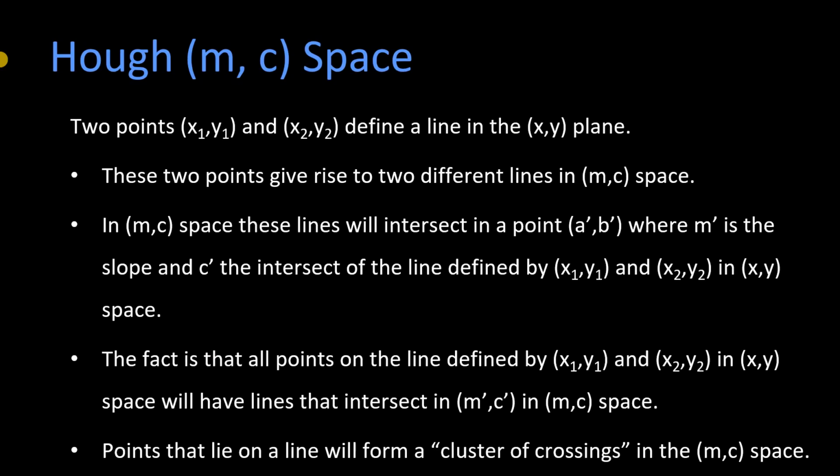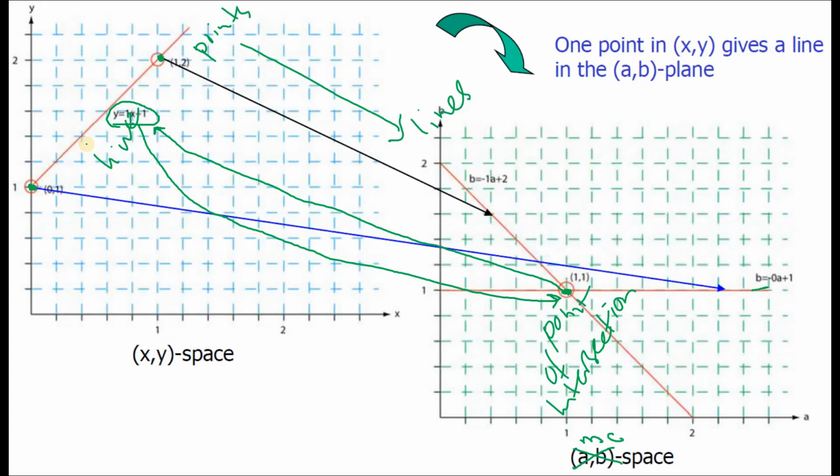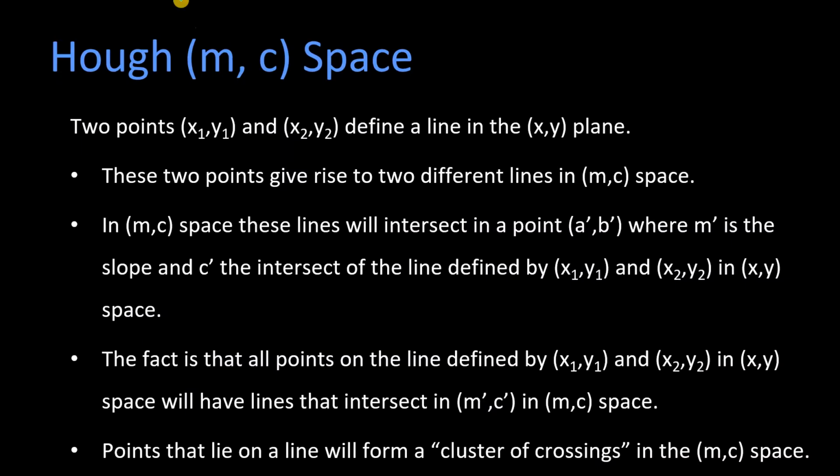So that's the theory that I gave you now. 2 points you saw earlier in the last slide. Any 2 points over there, they have given numbers. So for example, the 2 points are x1, y1 and x2, y2. These 2 points will create a line in the xy plane.